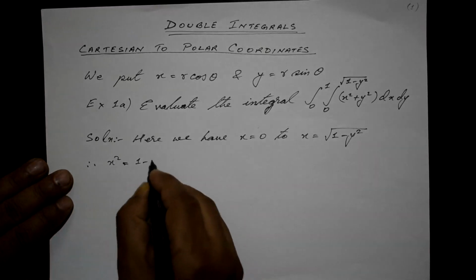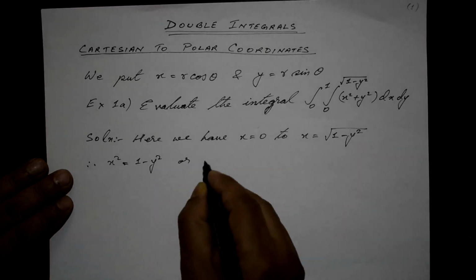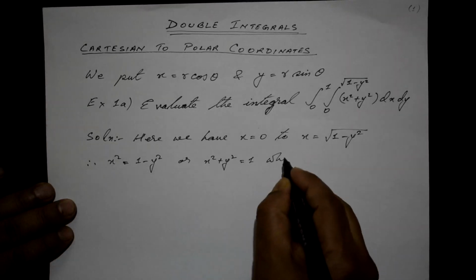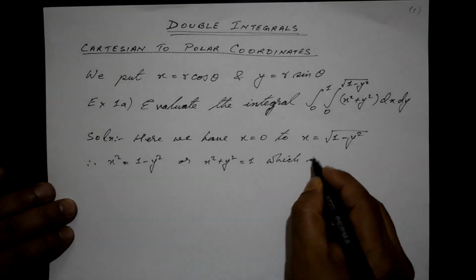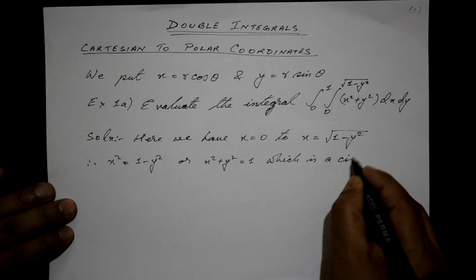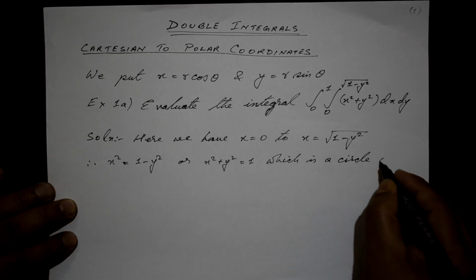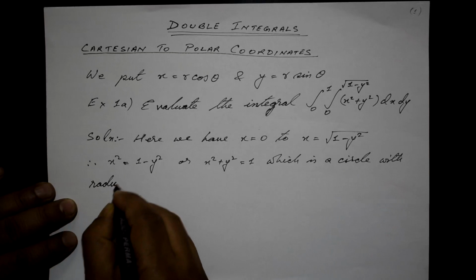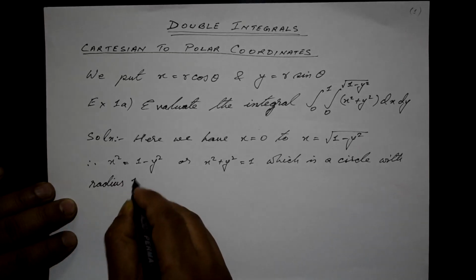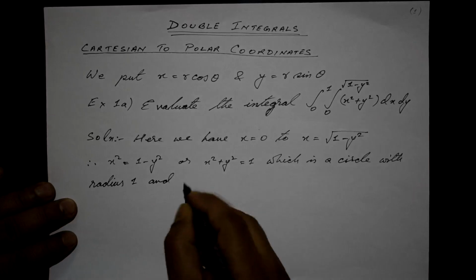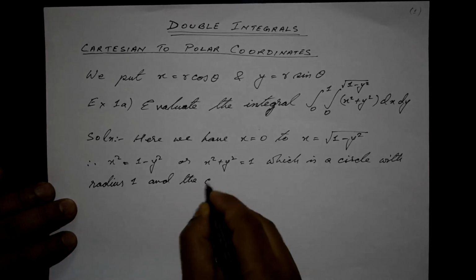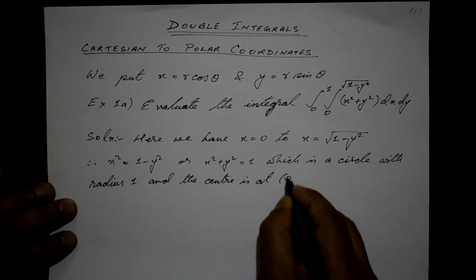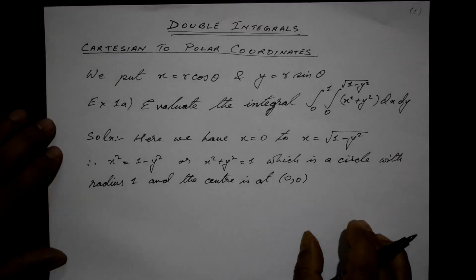Therefore, x square is equal to 1 minus y square, or x square plus y square is equal to 1, which is a circle with radius equal to 1 and the center at 0, 0.